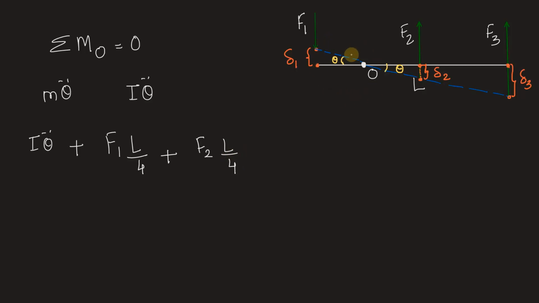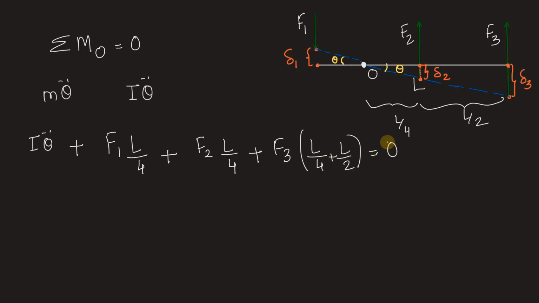F1 is creating an anticlockwise moment, so it is positive. F2 is also creating an anticlockwise moment, also positive. Plus the moment due to F3 is also anticlockwise, also positive. F3 into the distance, which is L by 4 plus L by 2, is equal to 0.